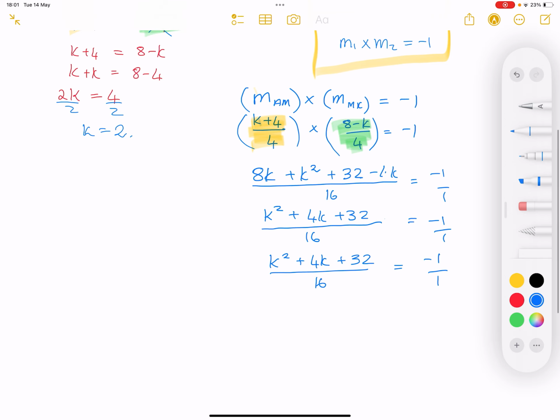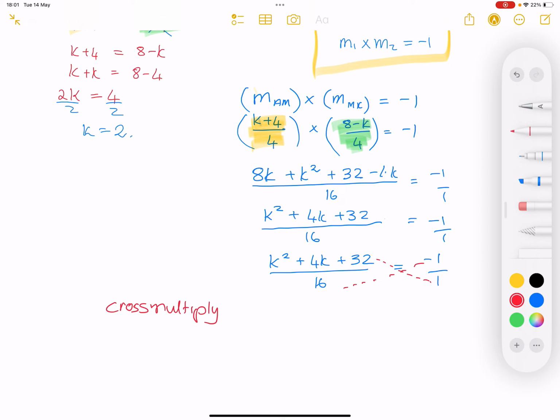Now to make it easy, we're going to cross multiply. That means you multiply bottom with top, top with bottom.